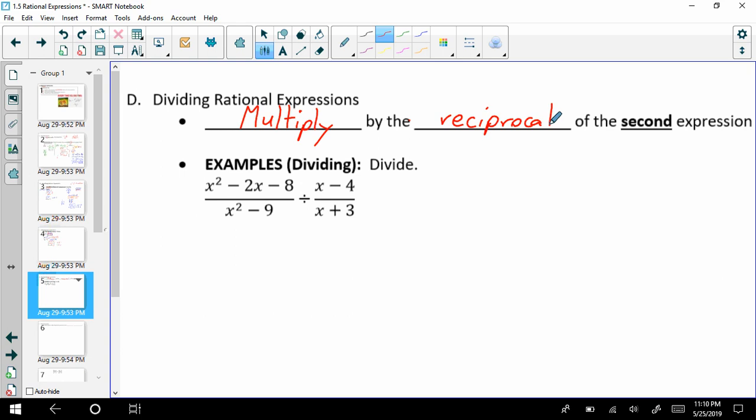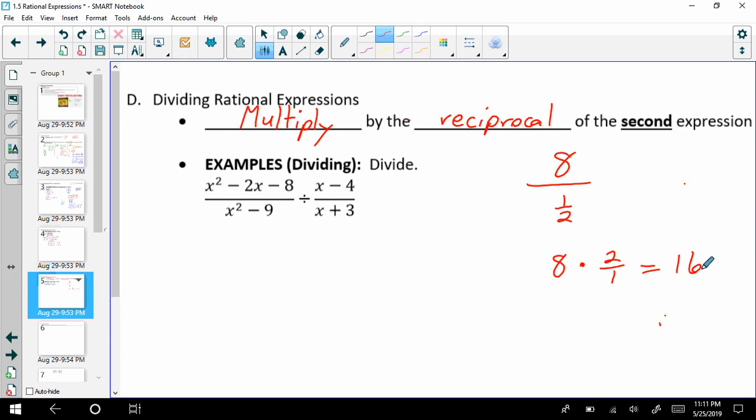For example, before I even do this problem, if I had 8 divided by 1/2, mathematically that is the same thing as doing 8 times the reciprocal of the second. So it would come out to 16.